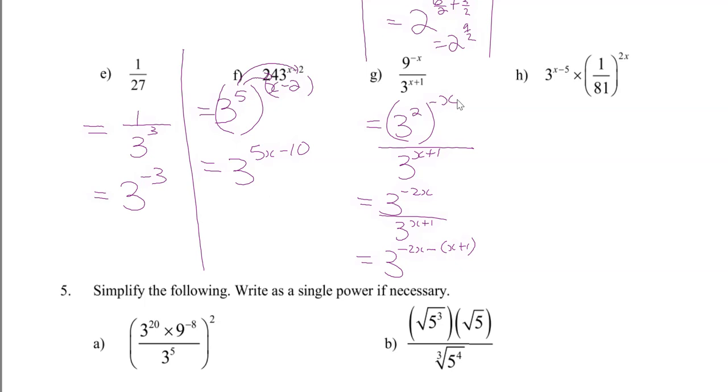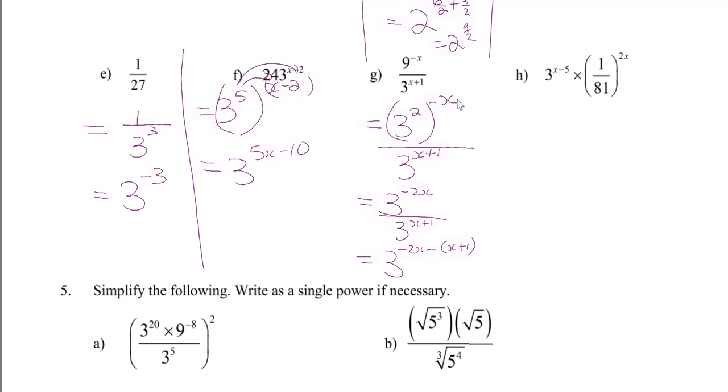Quotient rule: when I divide powers with the same base, I subtract the exponents. Very important here that the x plus 1 ends up in parentheses so that you can subtract the x plus 1.